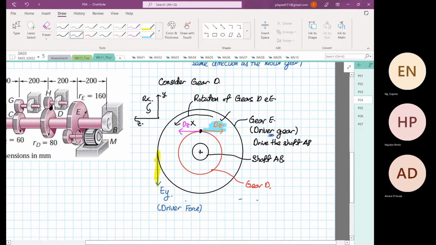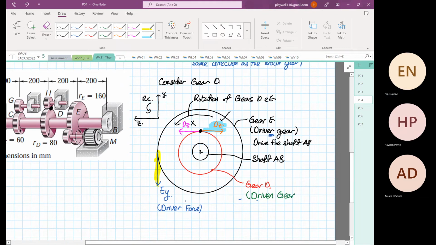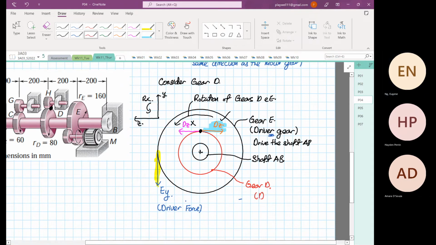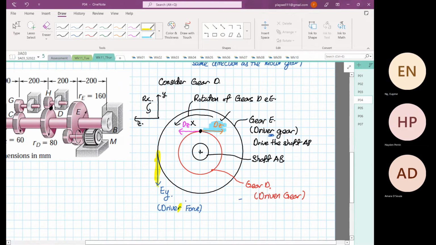Right? Gear D, okay, gear D over here is what we call a driven gear. Okay, I'm colorblind. Seriously, it's called the driven gear. One is a driver, the other one is driven.